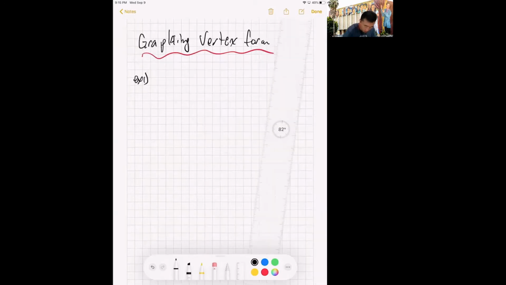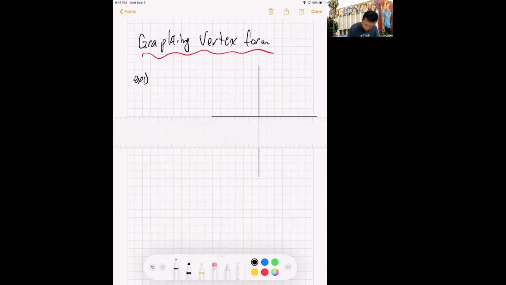And I'm gonna make this a little bit more accurate. So I'm gonna go ahead and graph y equals 2 times (x minus 1) squared plus 2.